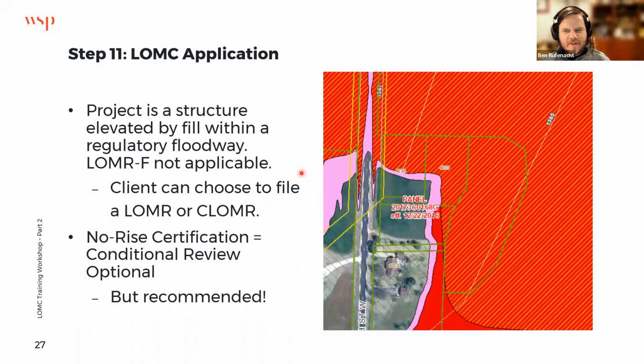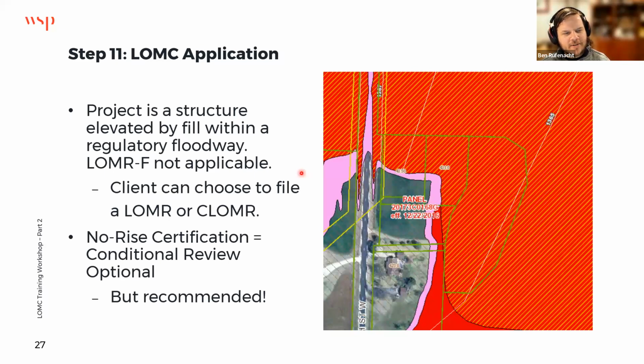So after we've proven that we have no increase in surcharge with our modeling, we know that this is because we are changing the floodway here. We cannot just do a simple LOMR-F. If we were in the fringe and this was not in a floodway, we could do a LOMR-F.